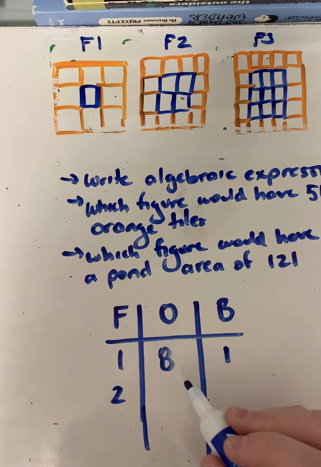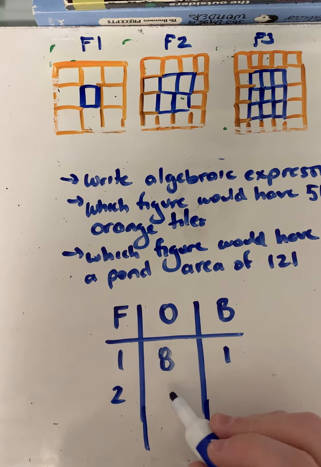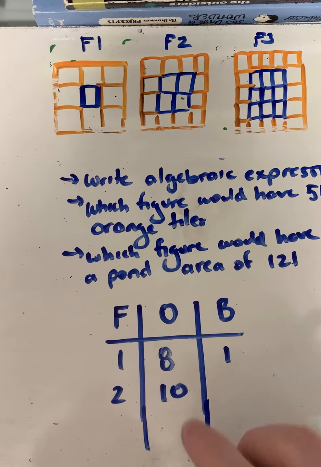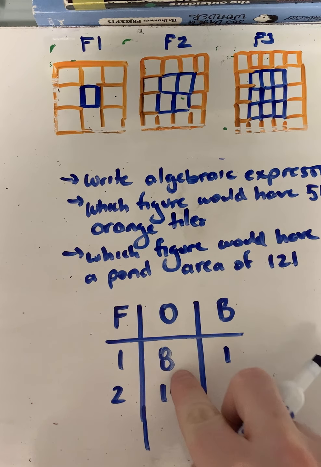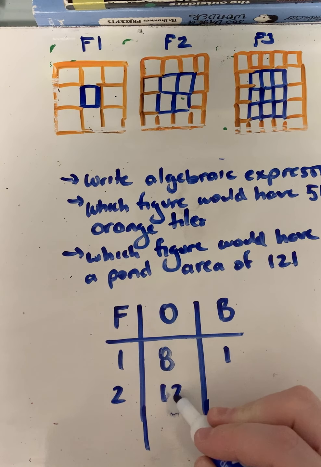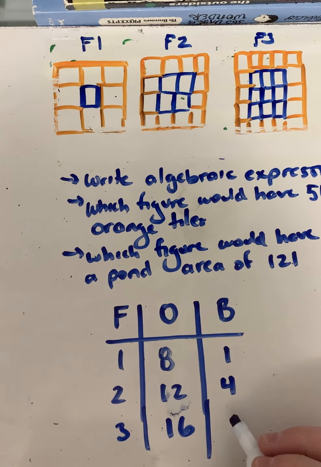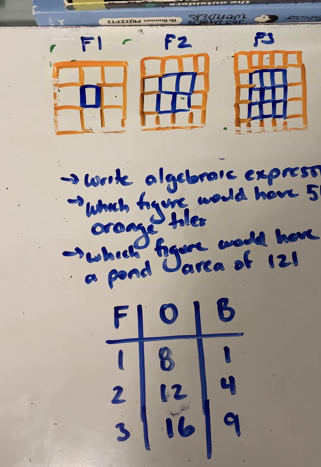In figure 2, we have 12 orange tiles and 4 blue tiles. And in figure 3, we have 16 orange tiles and 9 blue tiles.